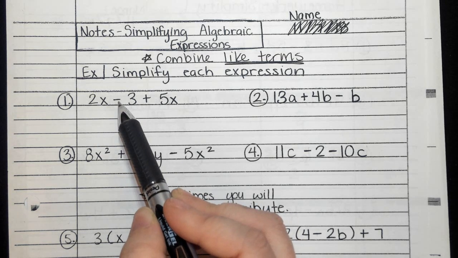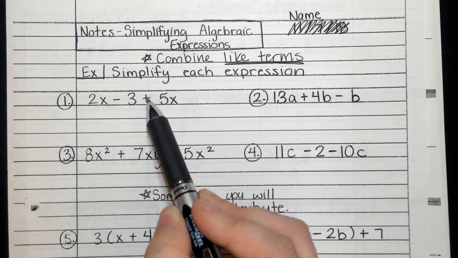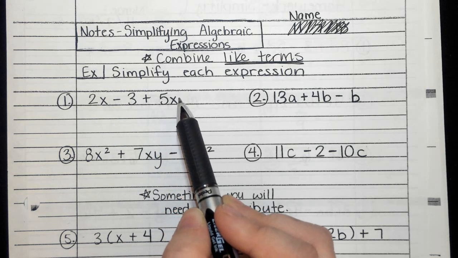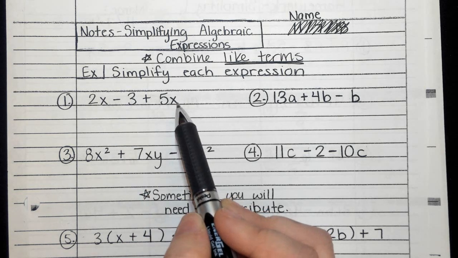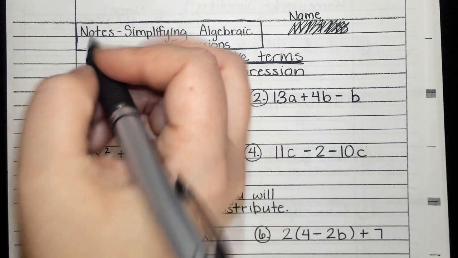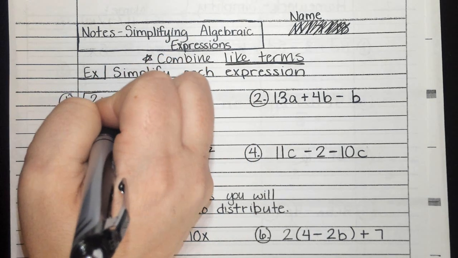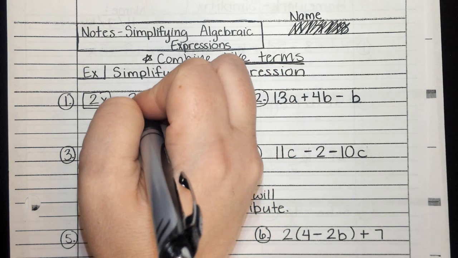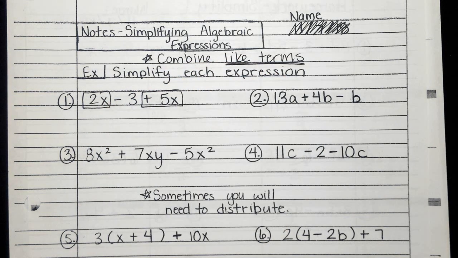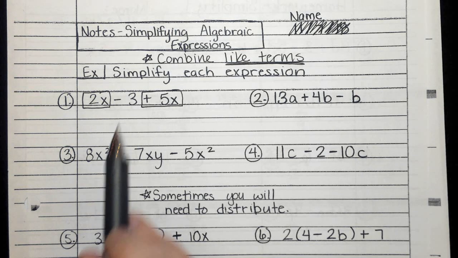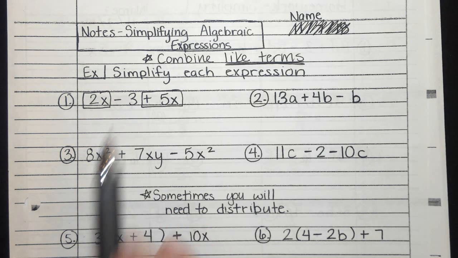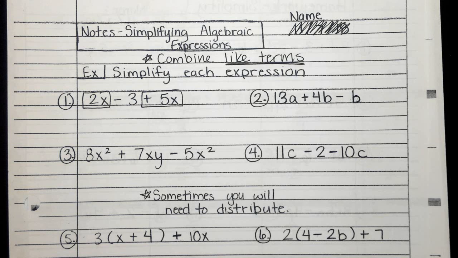So what am I doing with that 3? I'm subtracting. And then I would say plus 5x. So 2x and 5x match, but the way I'm going to ask you to say that is I want you to say 2x matches with plus 5x. Because what am I actually doing with that 5x? I'm adding it. Okay? The minus sign goes with the 3. Are there any questions on how I circled that or why I circled that like I did?